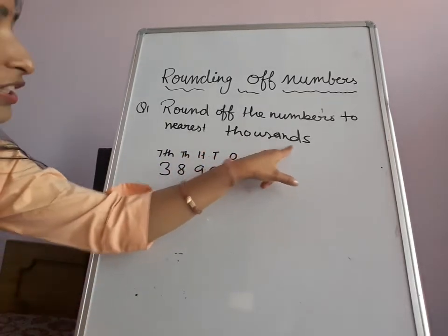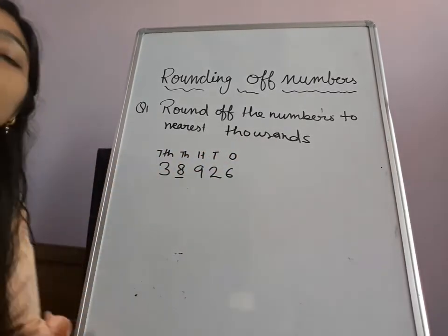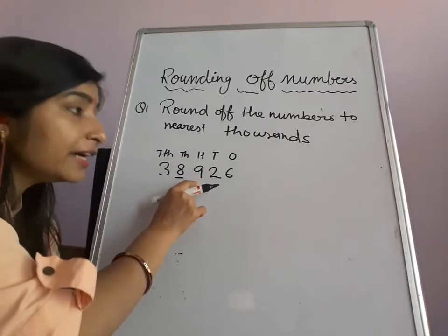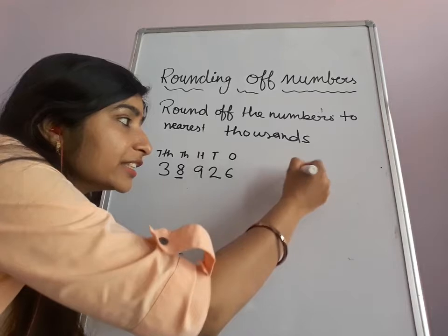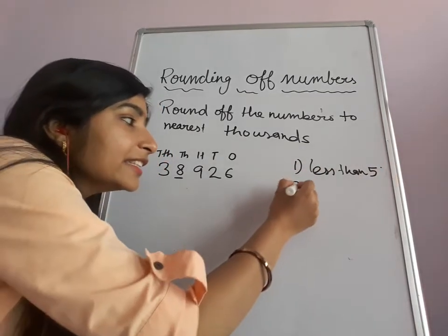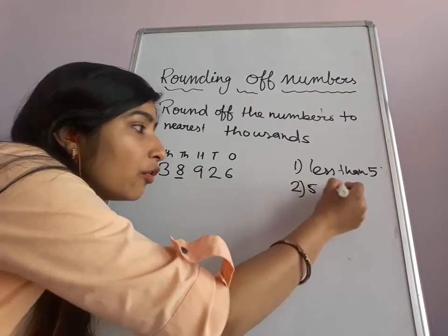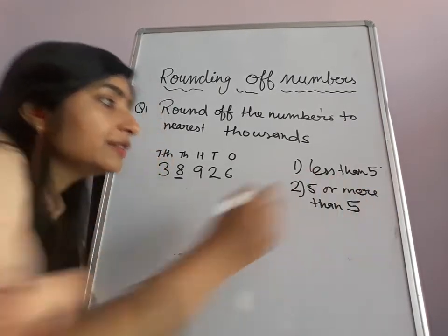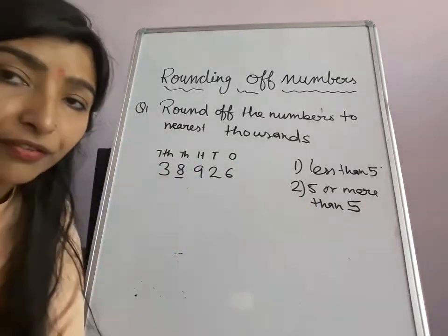For the 1000 place you will underline the 1000 place and you will compare the 100 place with these two conditions: less than 5, and second, 5 or more than 5.